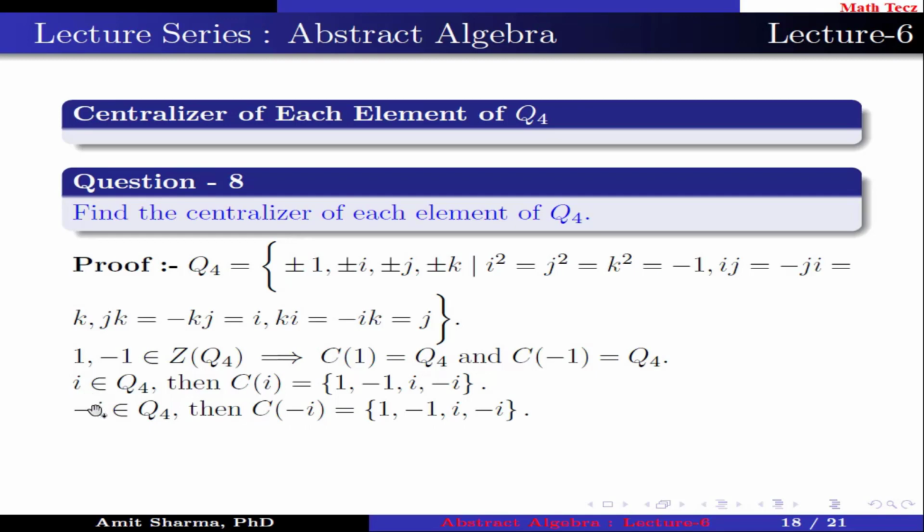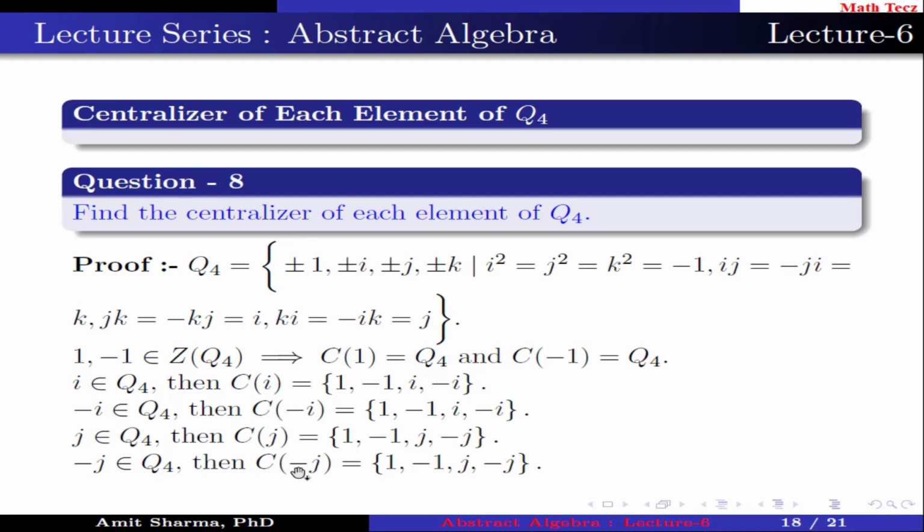Because the inverse of i is minus i. j belongs to Q4, then the centralizer of j is {1, minus 1, j, minus j}, because these elements commute with j. Minus j belongs to Q4, then the centralizer of minus j is {1, minus 1, j, minus j}. Why is it so? Because the inverse of j is minus j.